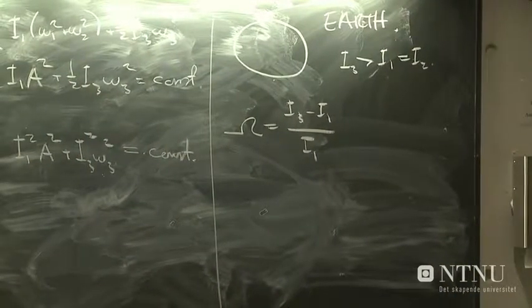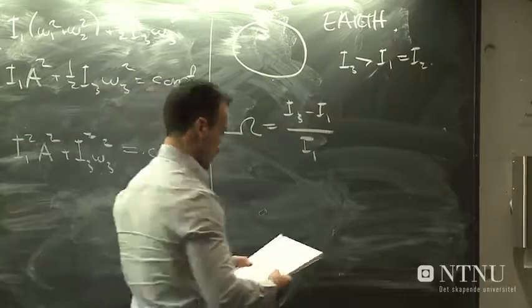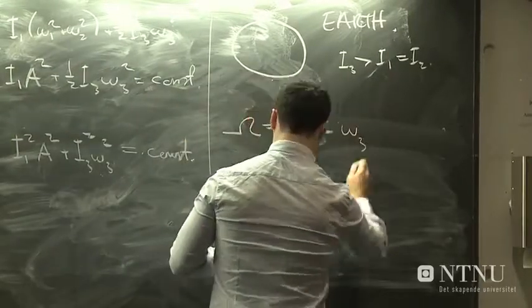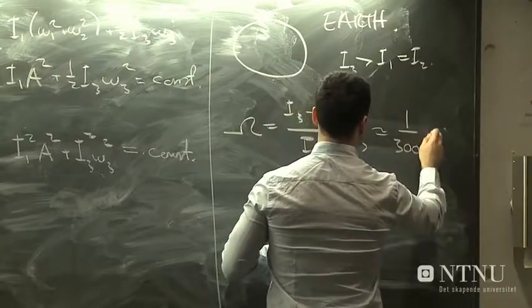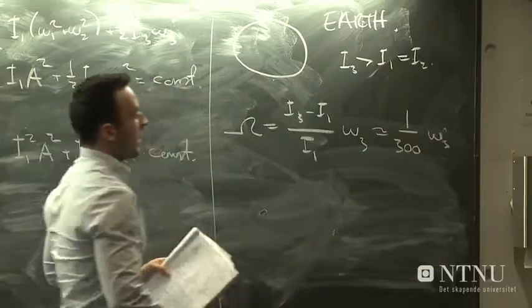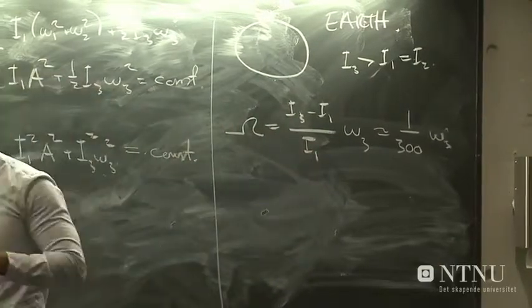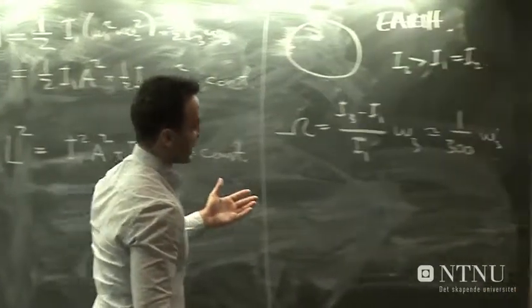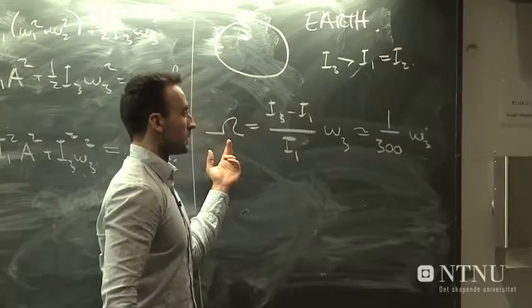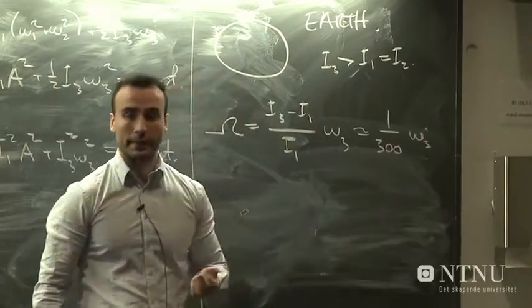The frequency with which it should precess is given by this expression for omega. Omega 3 here, sorry. And you can actually calculate these values for the main moments of inertia by using some model for what the Earth looks like. What you come out with is that this large omega is about 1/300 multiplied with omega 3.